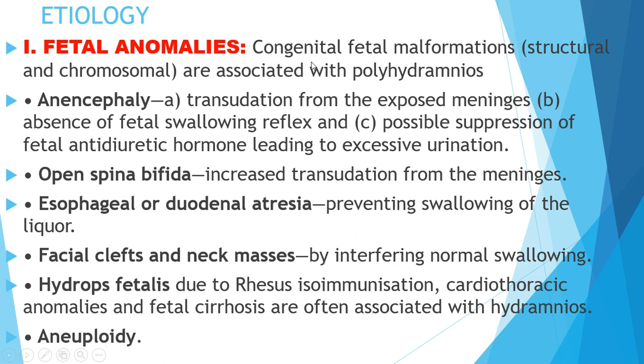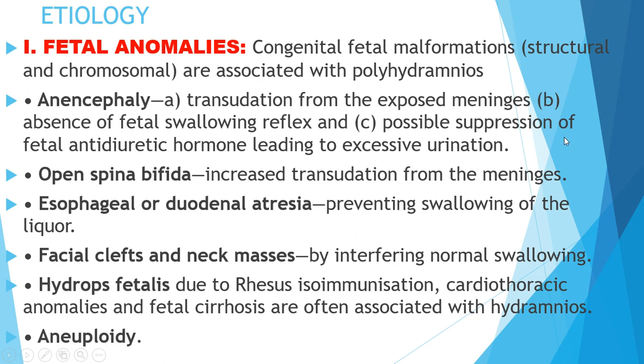If any congenital fetal malformation is there, that may cause polyhydramnios, such as anencephaly, that is transudation from the exposed meninges and absence of the fetal swallowing reflex, because usually some amount of this fluid is swallowed by the baby. If the baby has anencephaly, the baby will not have the swallowing reflex.